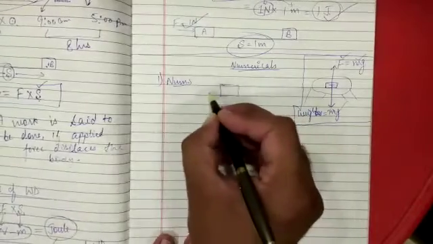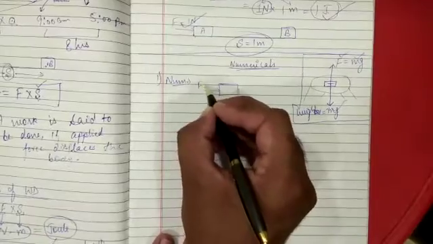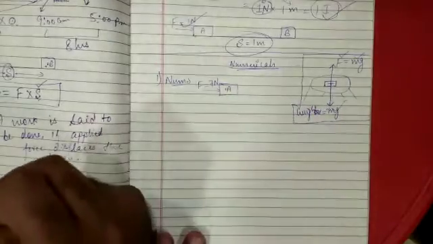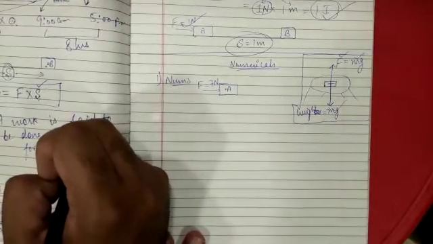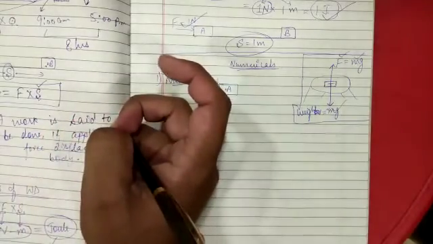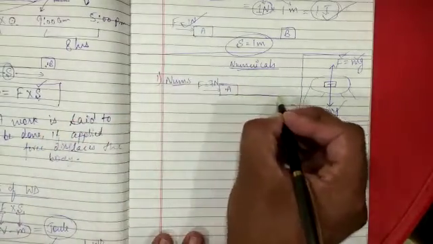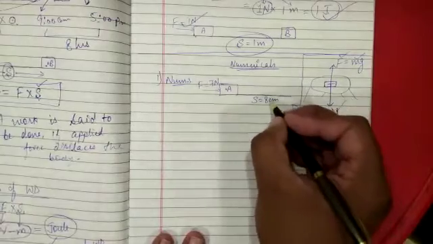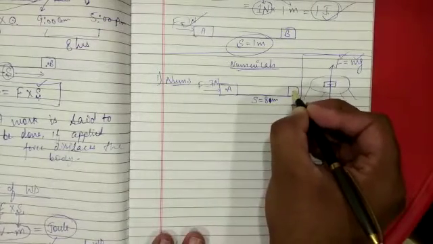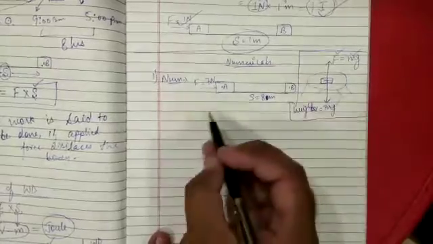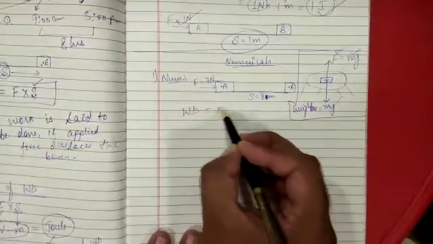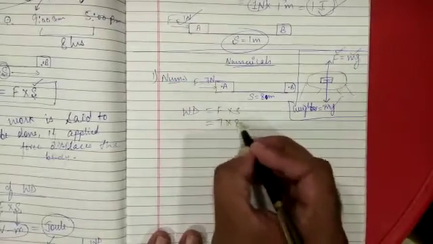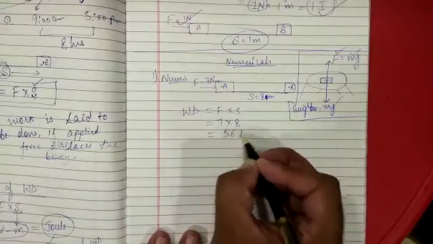There is one body, and a force of 7 Newton acts on the object at point A and displaces the body through 8 meter, and the body reaches here. Now you just have to calculate the work done, which is equal to force into displacement. Force is 7, displacement is 8, so 7 eights are 56 joules.